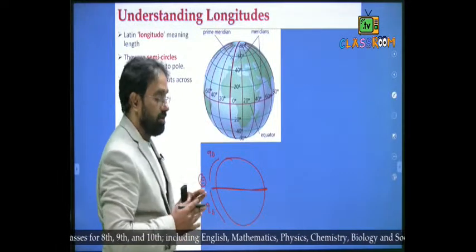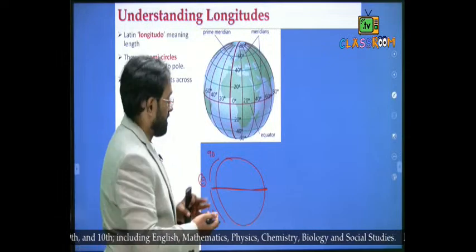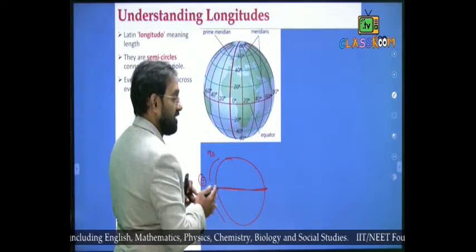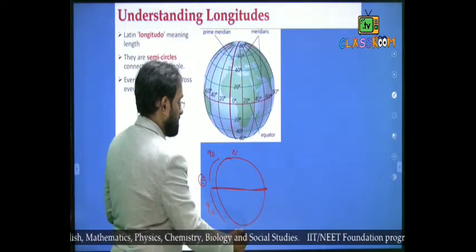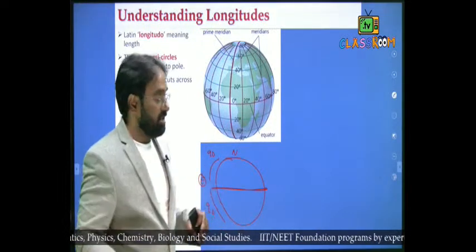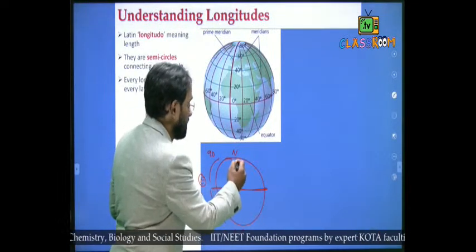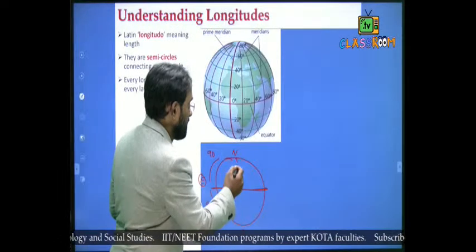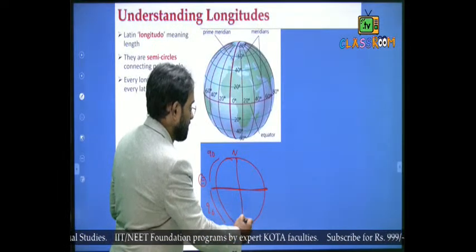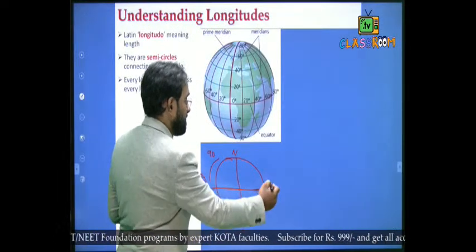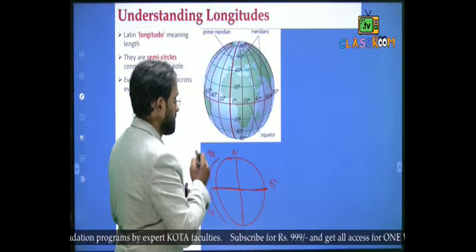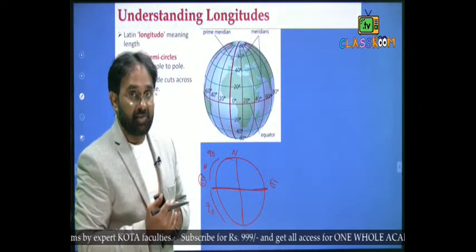That we know until now: latitudes divide the entire surface of the earth into northern and southern hemispheres. And longitude divides the entire surface of the earth into two hemispheres, the eastern hemisphere and the western hemisphere.